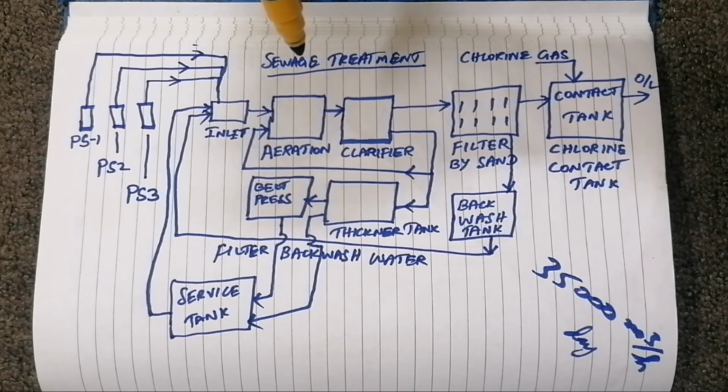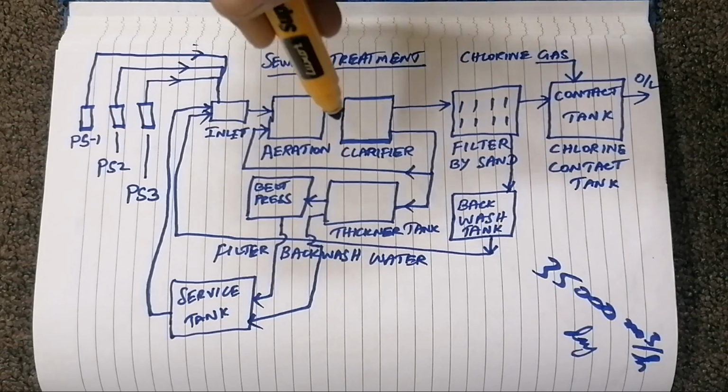For that, two bacteria are used. The first bacteria, nitrosomonas, converts the ammonia into nitrite, and one more bacteria, called nitrobacter, converts nitrite into nitrate.